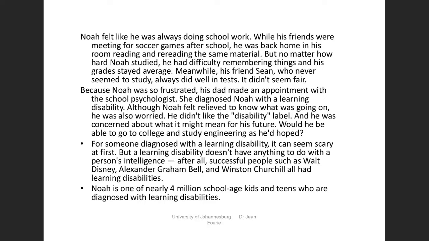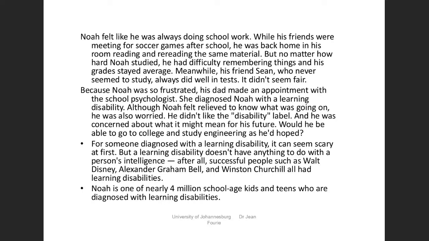Although he felt relieved to know what was going on, and this is often a relief for parents and children, they feel relieved because they now know why they're not able to cope and not able to do all the things that other children can do. However, it still comes with difficulties.